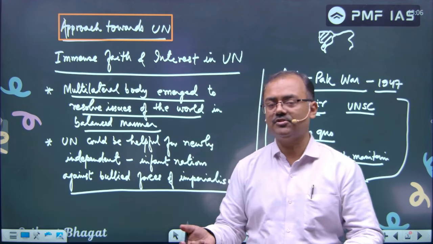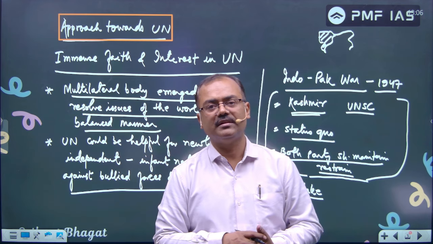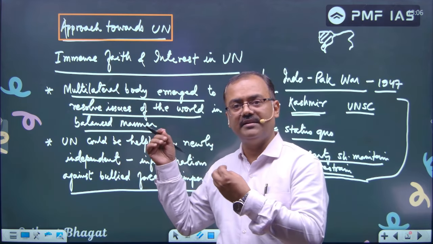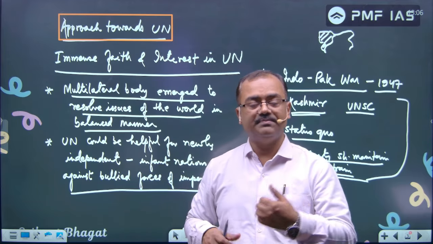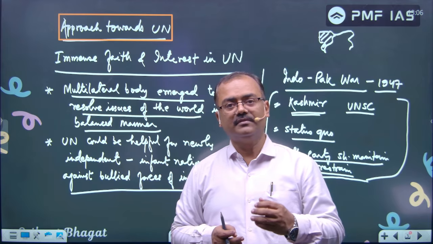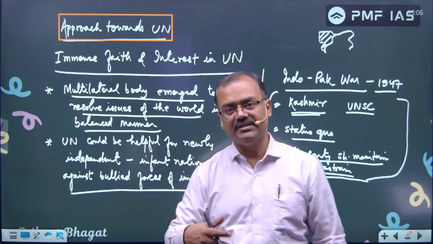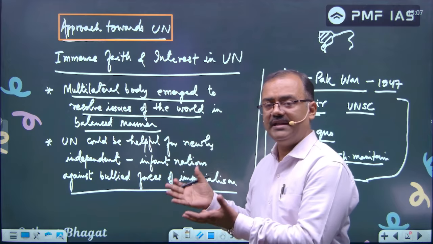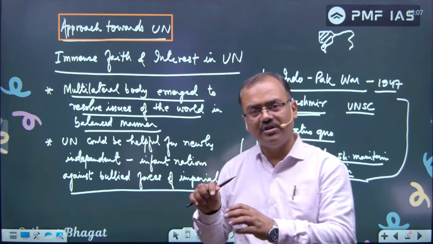India had just got independence. India was a weak country, an infant democracy. So there could be imperial forces like Britain, France, and now emerging powers like America and Russia. They could bully down the poor nations, backward nations. So there must be some multilateral body which can help. So the UN could be helpful here, and he wanted to promote the UN.